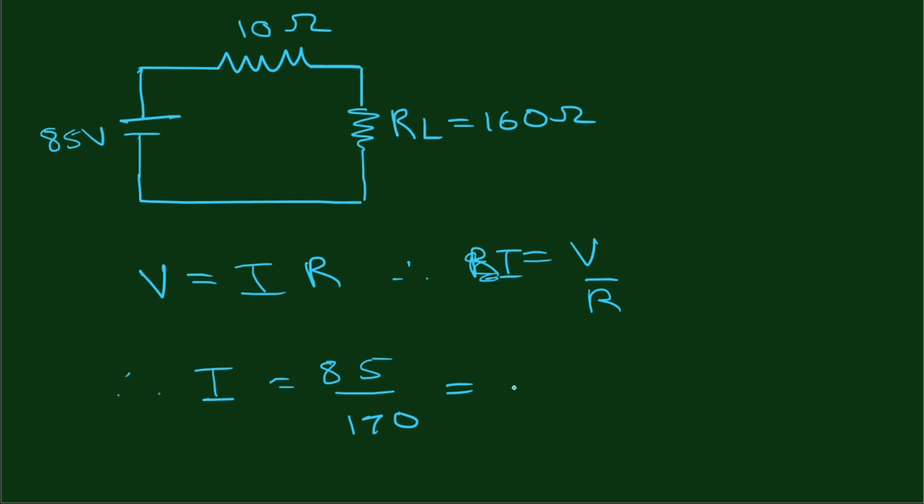So 85 by 170 we will get 0.5 ampere. So this will be the current which is flowing through the circuit. We have found this current by using Thevenin's theorem.